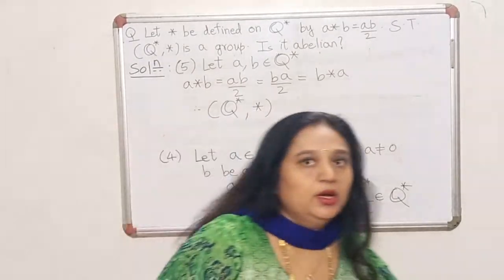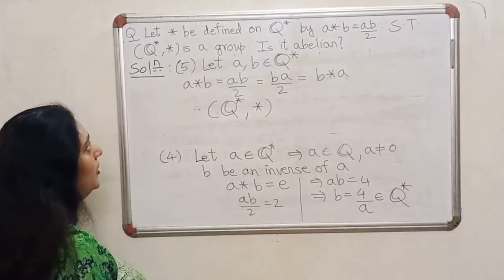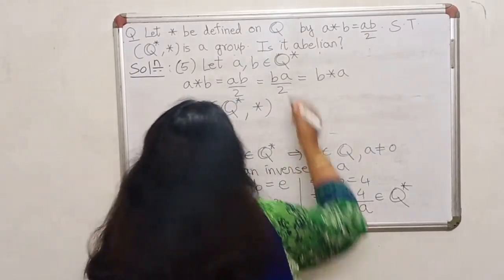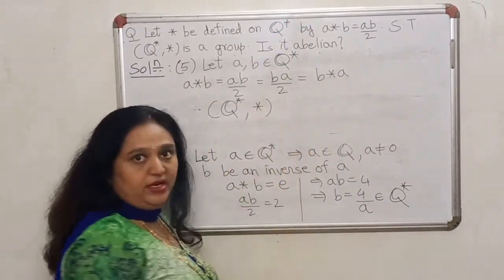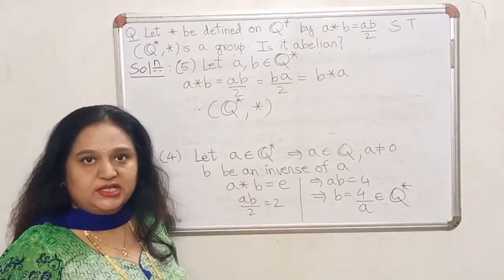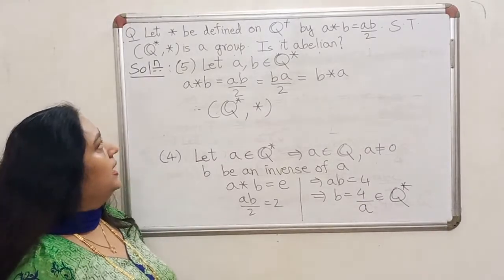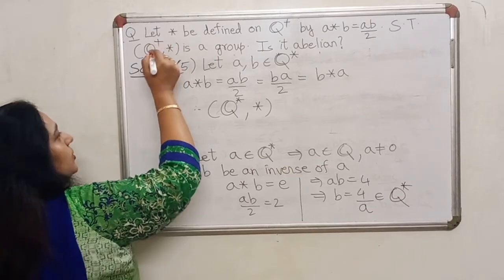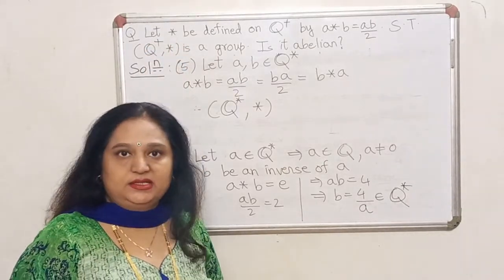In the textbook, instead of Q star, Q plus is given. Q plus is the set of positive rational numbers. So you could try out this problem as an exercise.